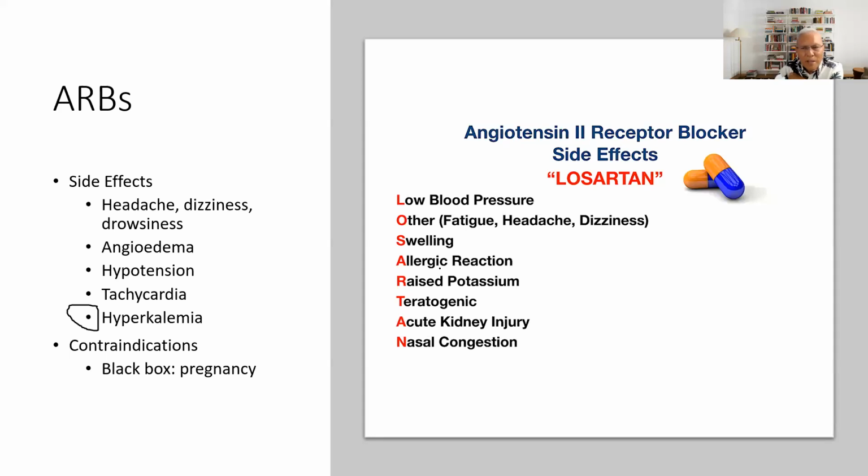S for swelling, allergic reaction, raised potassium. It's teratogenic. It's useful for acute kidney injury and nasal congestion. So those are some of the ways in which you could remember the side effects of ARBs. So Captopril for ACE and losartan for ARBs, or angiotensin receptor 2 blockers.